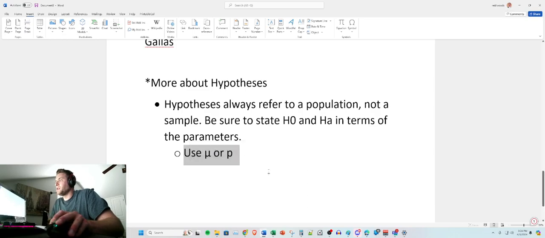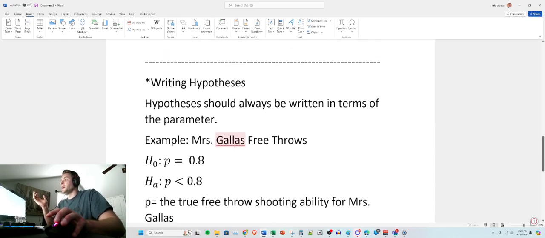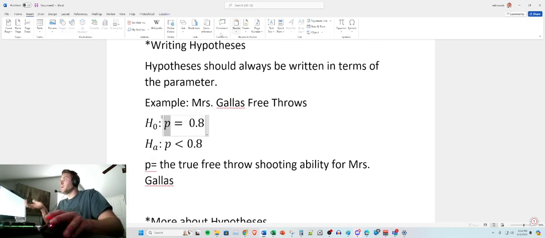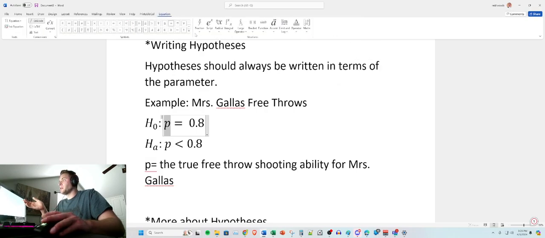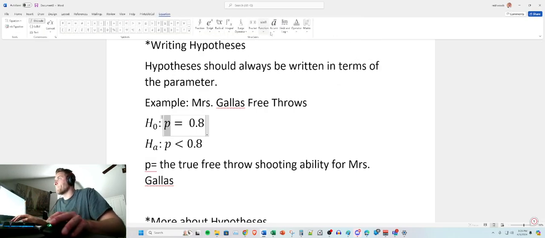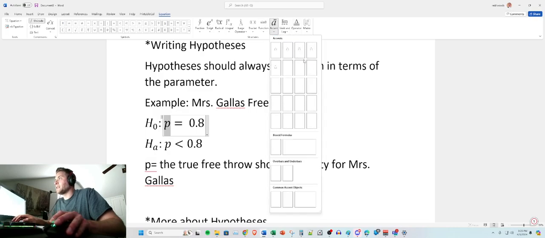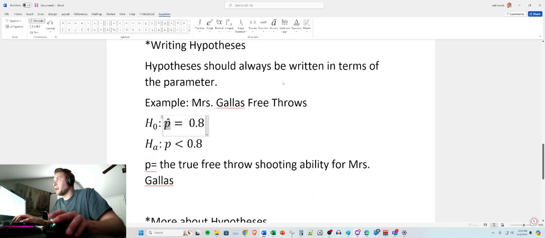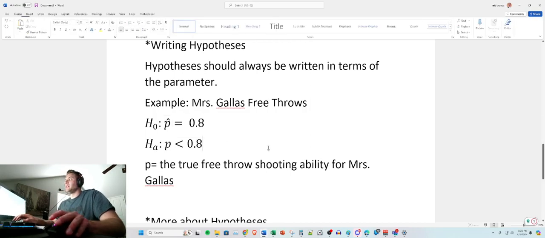That's all that you should ever use in a hypothesis. So if I were to tell you that this was not just P, but if we wrote it as P hat, this would be a problem. We never write it like this.